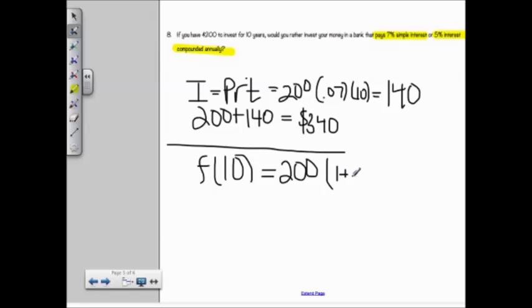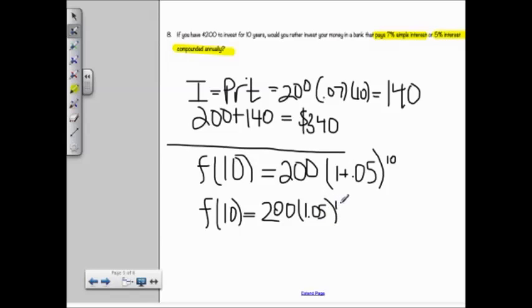In this example, it's 0.05, all raised to the 10th power. All right. Now I'm going to simplify this a little bit more. So I'm going to say f of 10 equals 200 times 1.05, because I can combine these two numbers together, all raised to the 10th power.